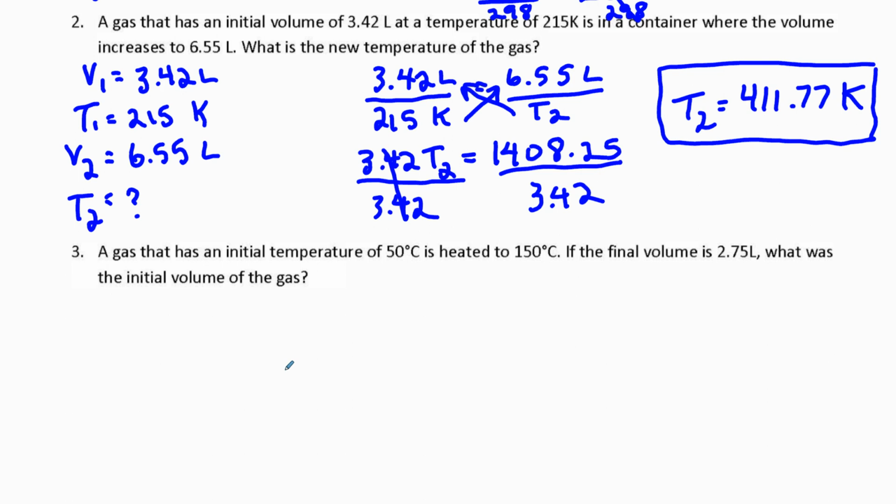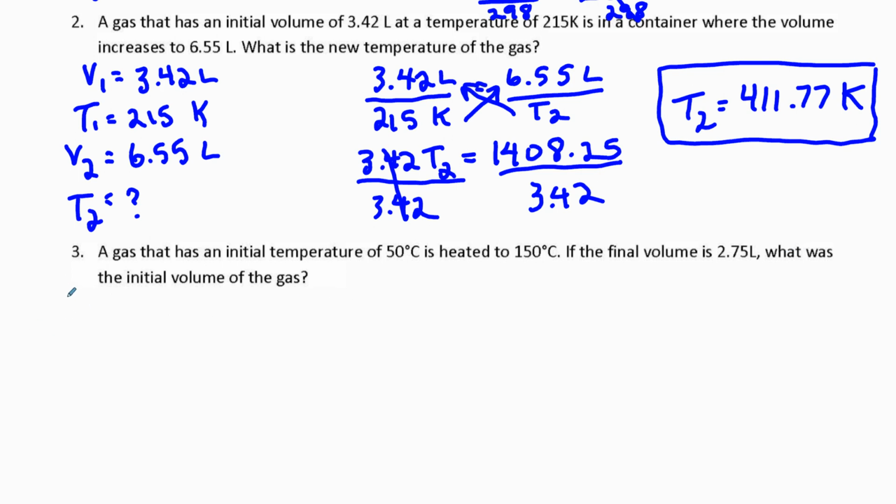All right, so the last example we'll do, and then you can work on the Charles' law questions, that's worksheet 4, is a gas that has an initial temperature of 50 degrees Celsius is heated to 150 degrees Celsius. If the final volume is 2.75 liters, what was the initial volume?